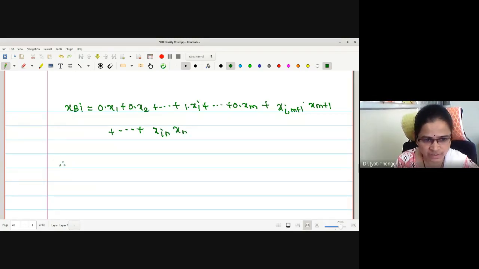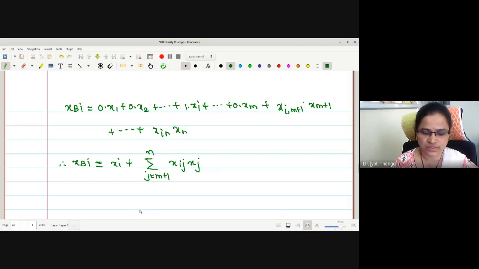Let me write the simplified form of this constraint. Is it xi plus, all these entries are 0, no? Therefore this gives me xi only, added with, in summation form, j equals m plus 1 to n, xij into xj.